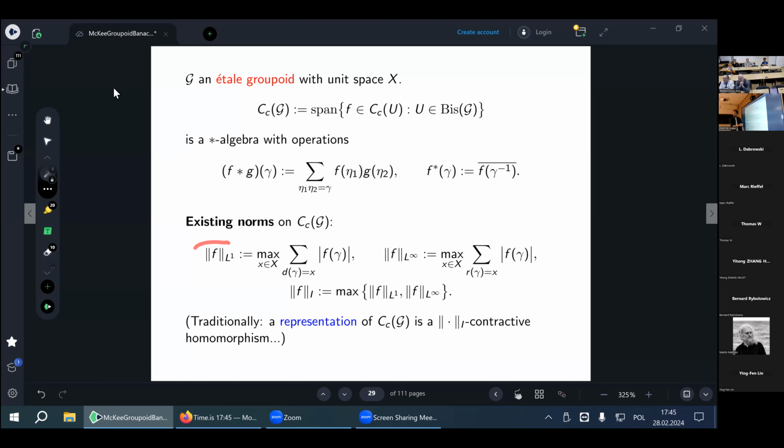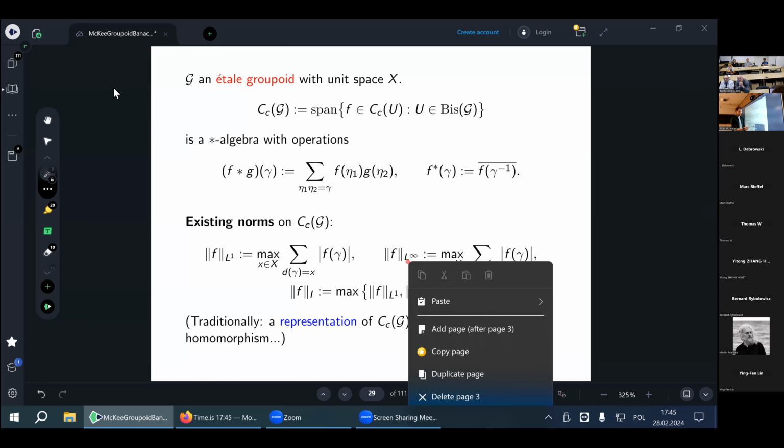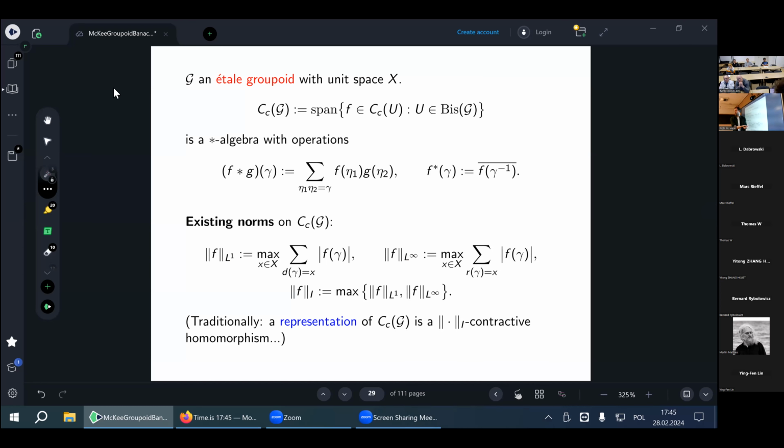We somehow find this norm, which is why it has an L1 there. I understand this L1 on the left-hand side, but why do you have L infinity here? This norm arises when we think of representations on L infinity spaces in our paper somewhere.